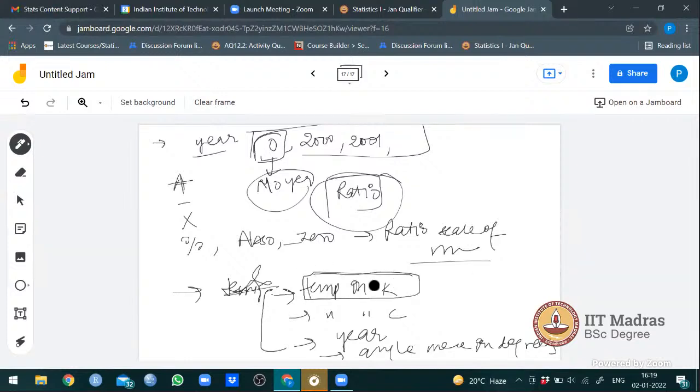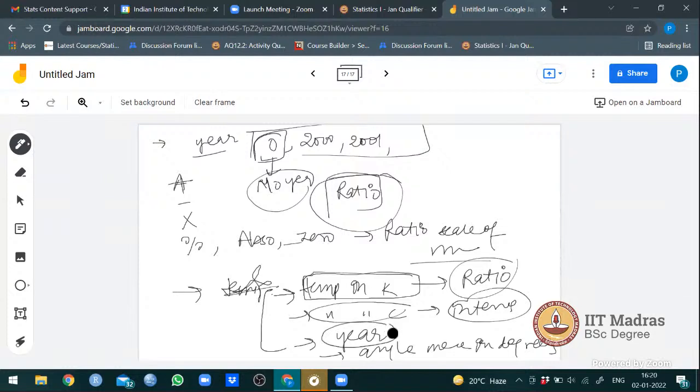Temperature in Kelvin will be ratio scale, and for Celsius it will be interval. And year is not correct as ratio.